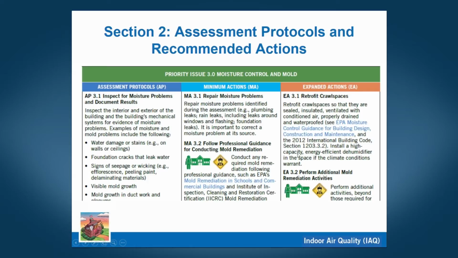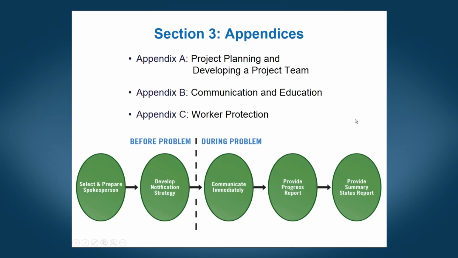The color combination will be the same for each priority issue. First column will show assessment protocols, middle column will show minimum actions, and the last column will give you expanded actions, if any. And Section 3 is about the 3 appendices you're seeing. Project planning is one of the most important factors to get a successful project through its stages.